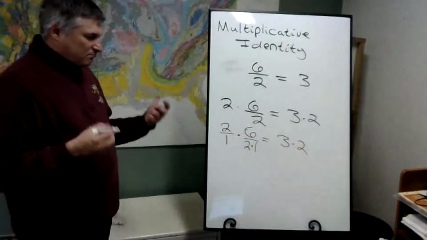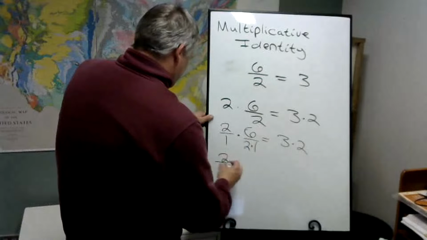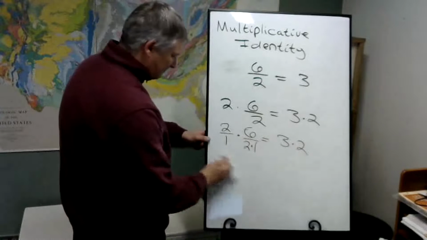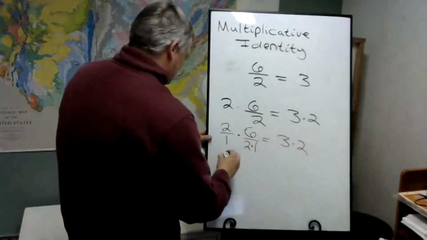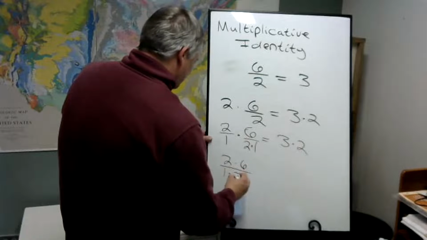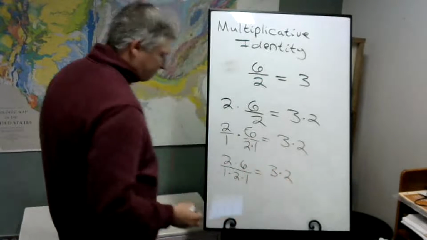And then we can do some clever multiplication here. 2 times 6 over 1 times 2 times 1, 3 times 2.